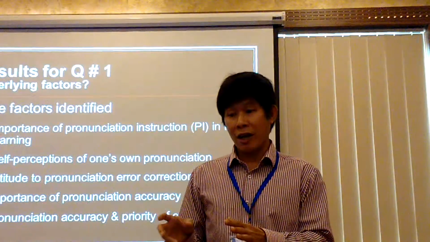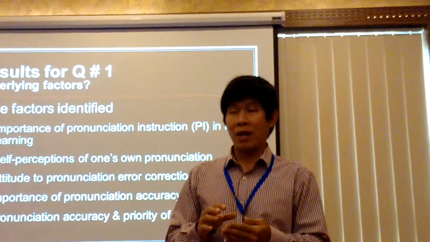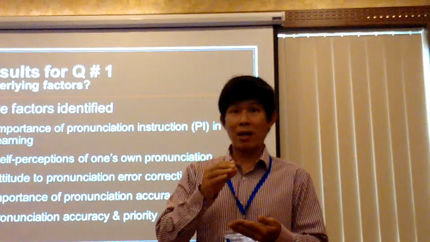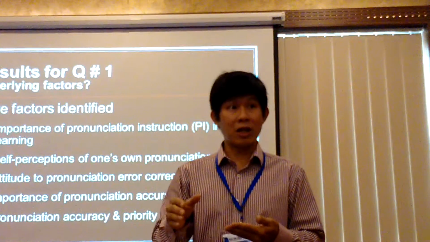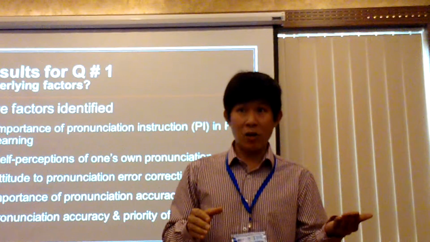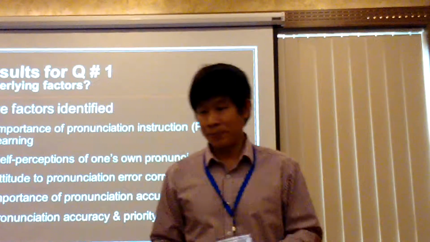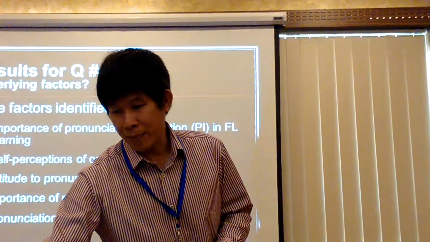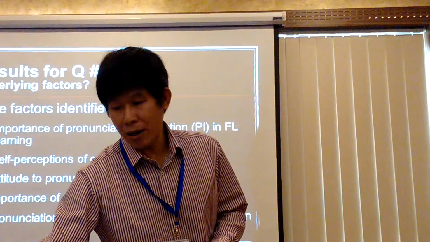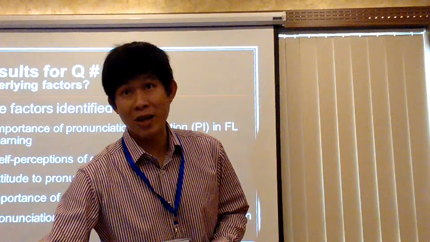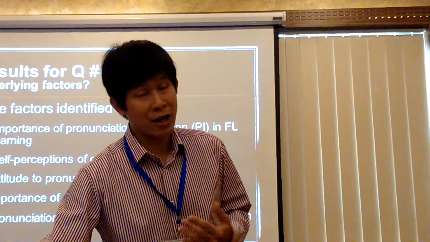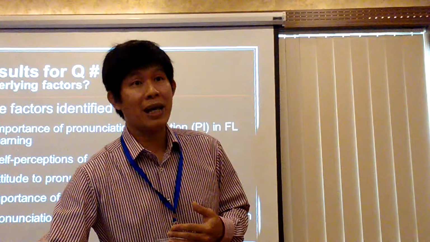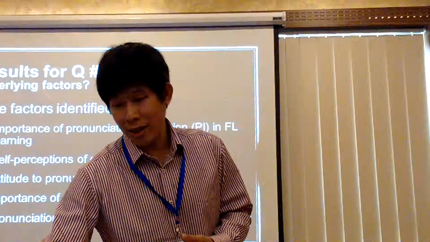So priority of communication means I asked the students whether they consider communication or pronunciation accuracy more important. And many of them consider communication more important than accuracy. It means they care more about fluency rather than accuracy.